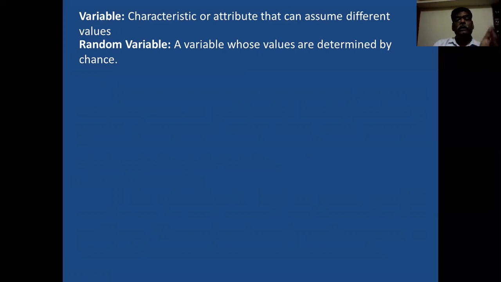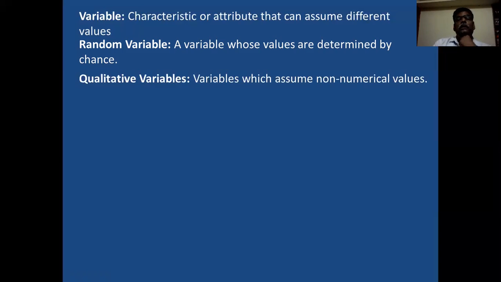If you measure the height of the student and then call that student, that is not called random. Okay. So a variable whose values are determined by chance of happening of the event, that is called a random variable.